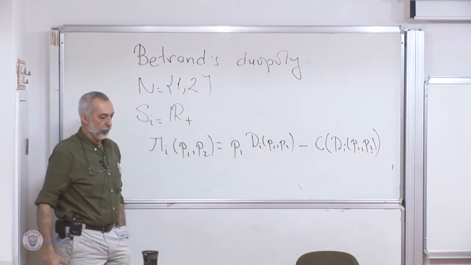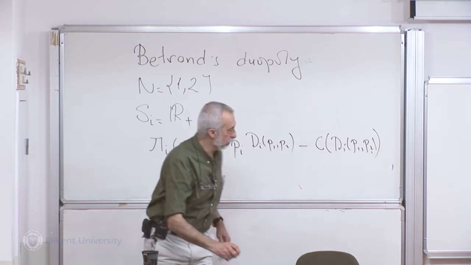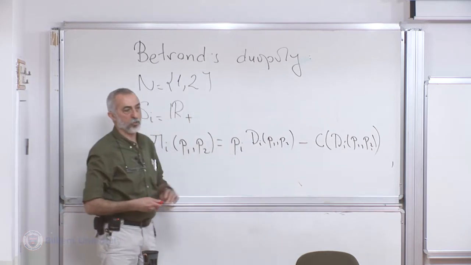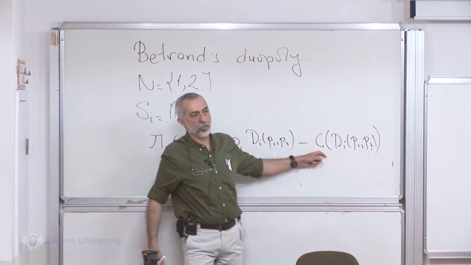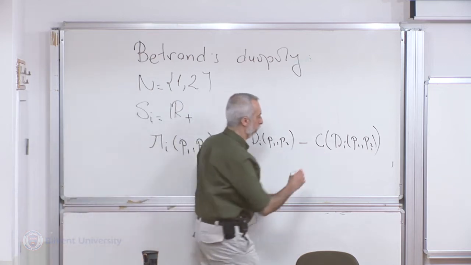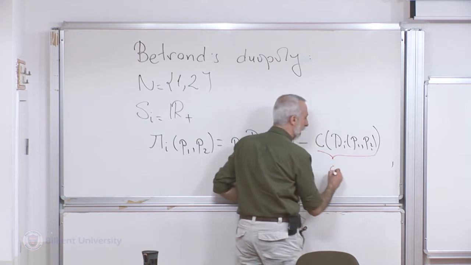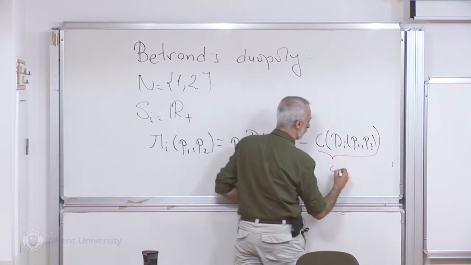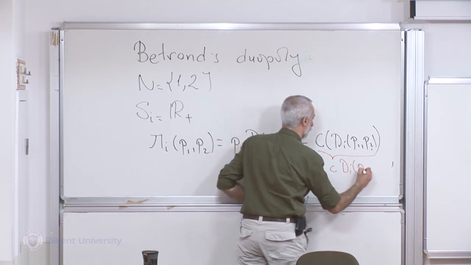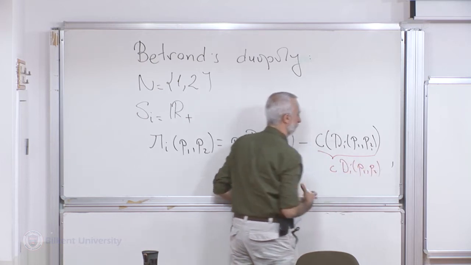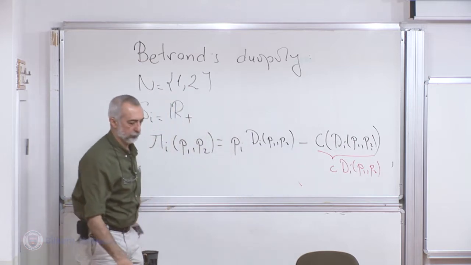Again, in order to be able to compare the results with the Cournot model, let's assume constant marginal cost and identical, so c times d_i(p_1, p_2).